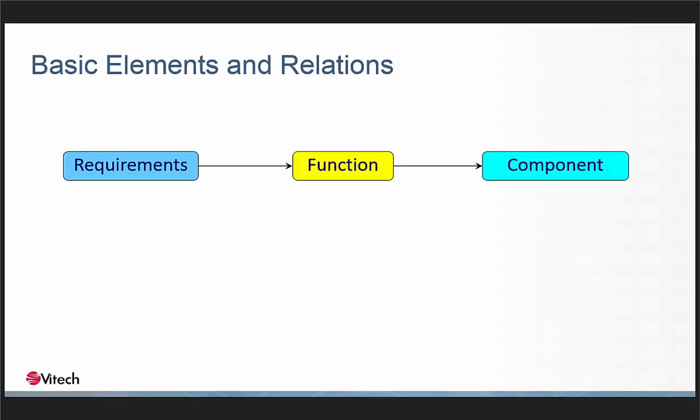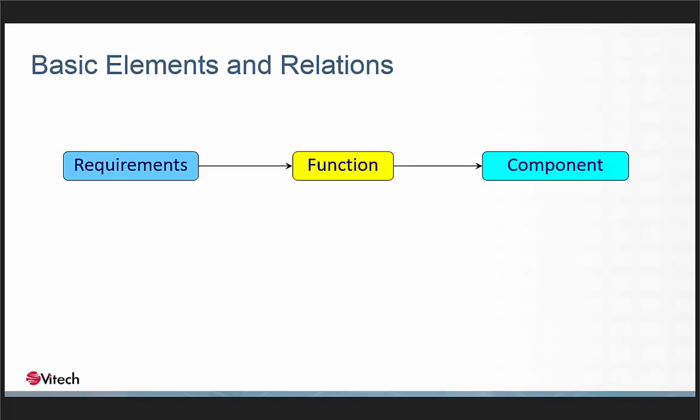Some of those requirements are going to define for us a series of functions that we have to perform. And as I said, those functions end up having to be related or assigned to, what we call allocated to, components in our architecture. A component in the architecture exists there because it does something for us, and those functions have to be allocated to a component. So there's this natural relationship going on here. We intuitively understand all these things.